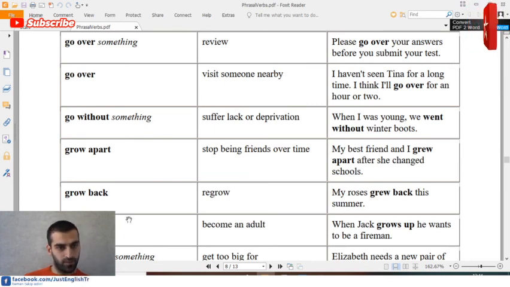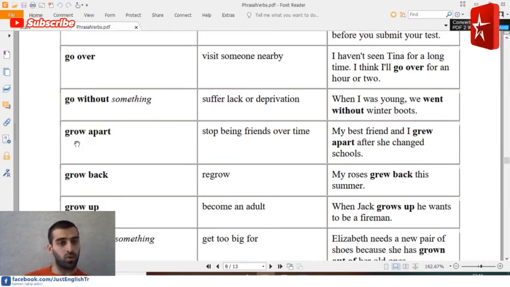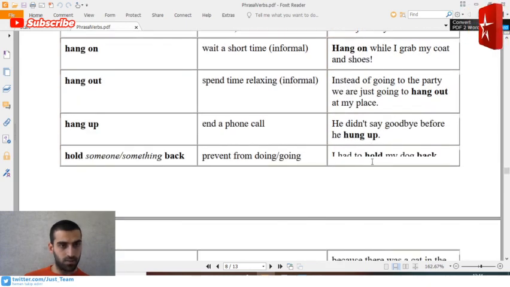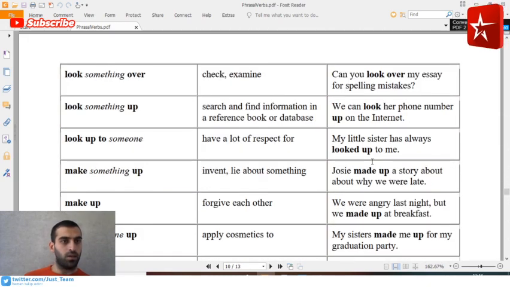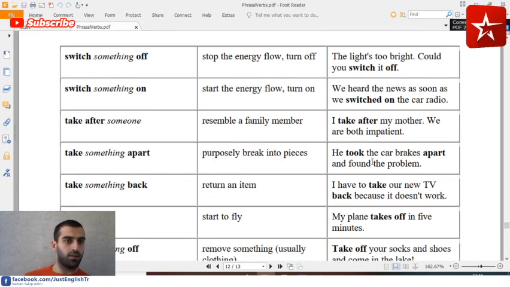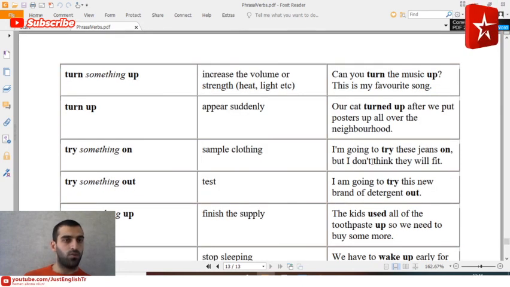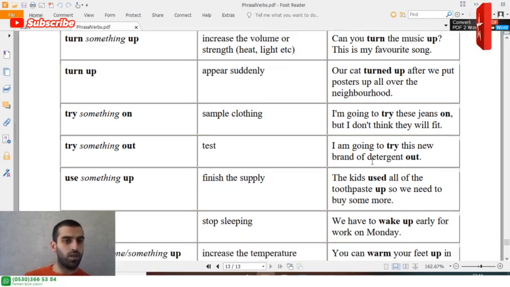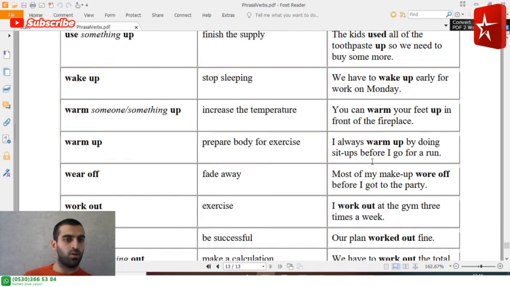Grow, we have grow back, grow up, and hand down, hand in, hand out, and we have the meaning of them, and we have some examples related to these sentences. And as you see, look, make, put, switch, take after, turn, we have try, we have wake up. Okay, for example, warm, wear.